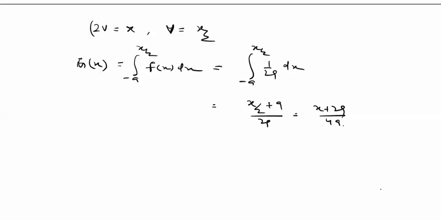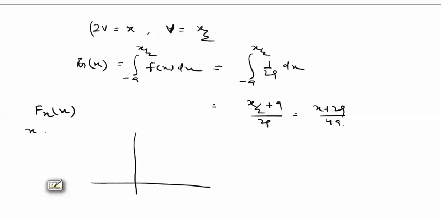Choose the correct option. We have to search out the correct option by eliminating the remaining options. First we find fx is x plus a upon 2a, gx is x plus 2a upon 4a.